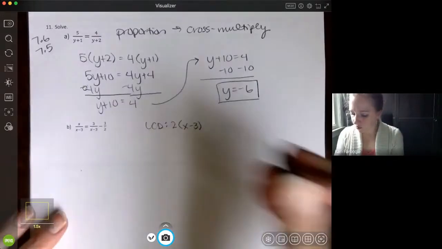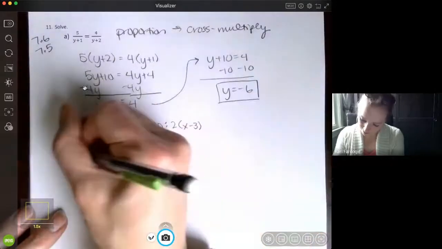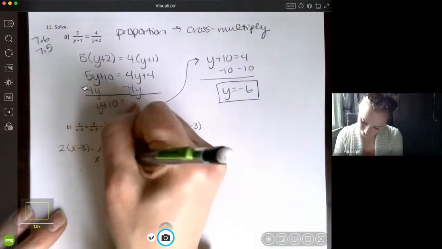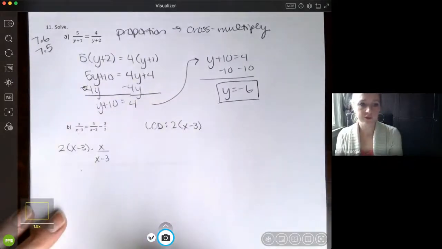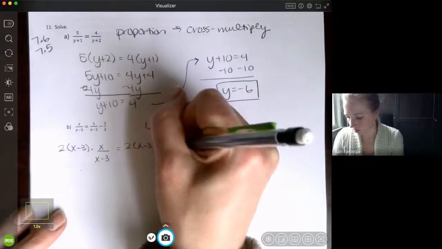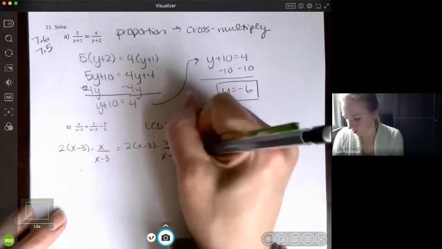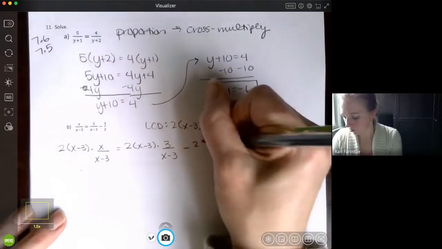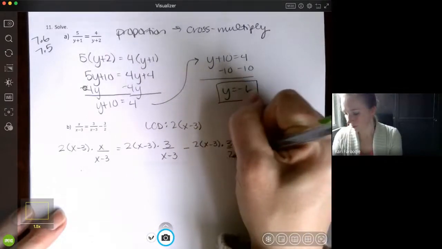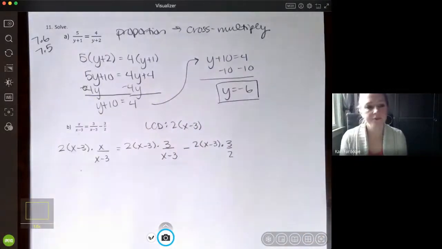So we're going to multiply each term by the LCD. 2 times x minus 3 times x over x minus 3 equals 2 times x minus 3 times 3 over x minus 3 minus 2 times x minus 3 times 3 halves.